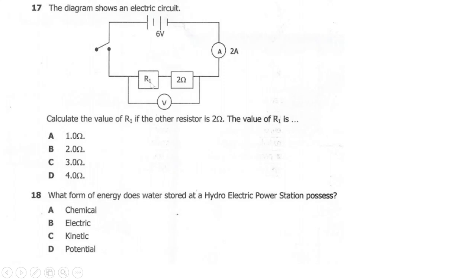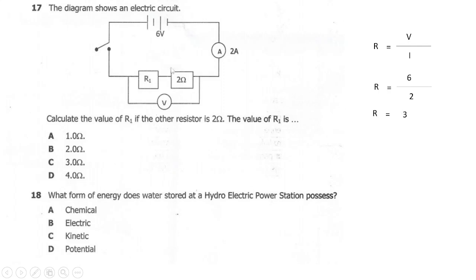So what do we know this one is? For us to know this value here, we need to know the total resistance in here. Total resistance can be found: R is equal to voltage over current. So we say voltage is this one here over the current passing through, this one here too. So, okay, 6 divided by 2, which will be 3.